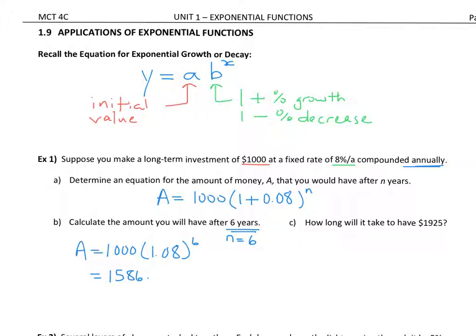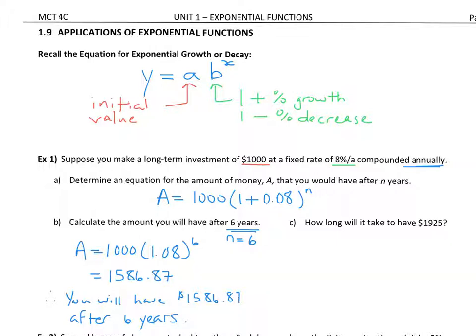And money gets rounded to 2 decimal places, so that rounds to 87 cents. So therefore you will have $1,586.87 after 6 years. Okay, so on your test, make sure you put a concluding statement for that.